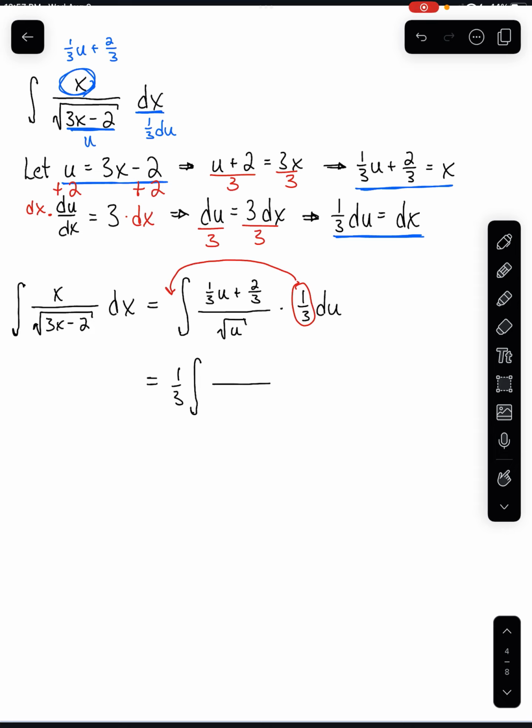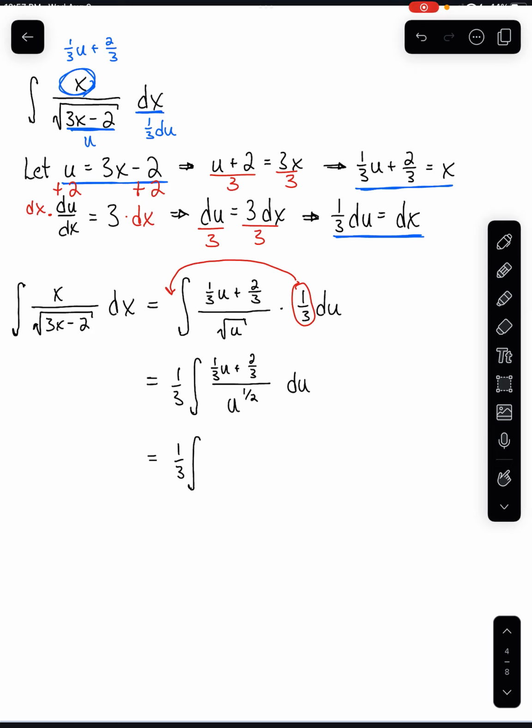In the denominator, we can rewrite the square root of u as u to the 1/2. Now, the numerator is a little bit ugly because of those fractions, but I'm going to leave them for now because what's going to happen with the u to the 1/2 in the denominator is it's going to distribute underneath each of the terms of the numerator. So it's going to become our 1/3 out front.